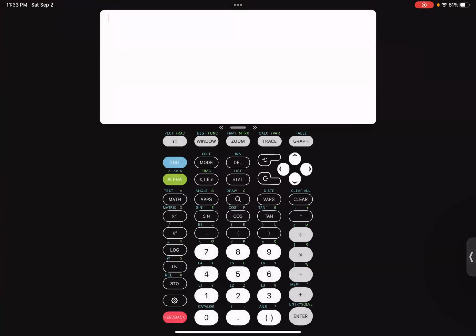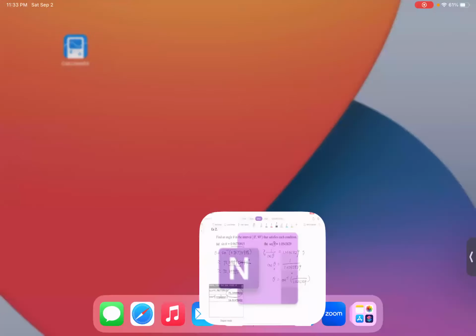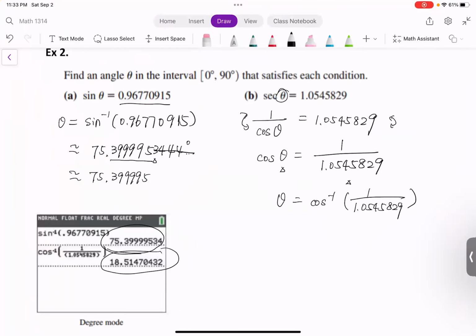How should I do that? First, I click second function and then click cosine. In the cosine, I put 1 divided by 1.05455829. Close the parentheses. And then I'm having this data. Luckily, I have the data here. Remember, these are all degrees.